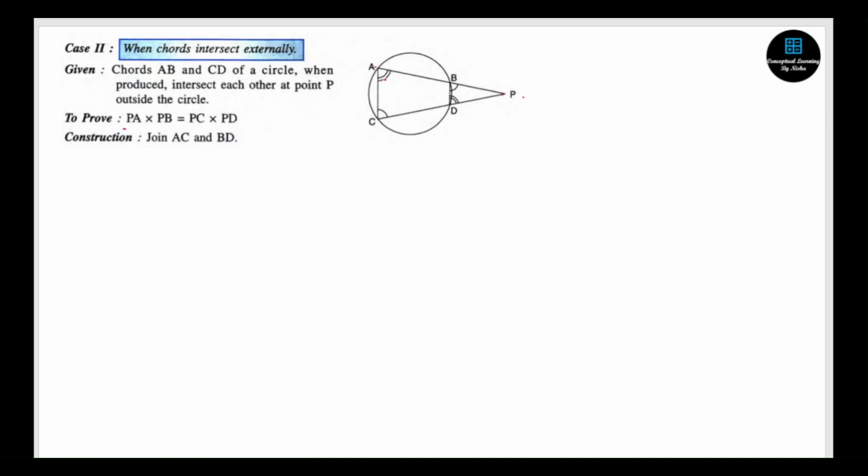Now what we'll do, we'll again join AC and BD. Now what can you say about this quadrilateral ABDC? So what I can say, quadrilateral ABDC is a cyclic quadrilateral.